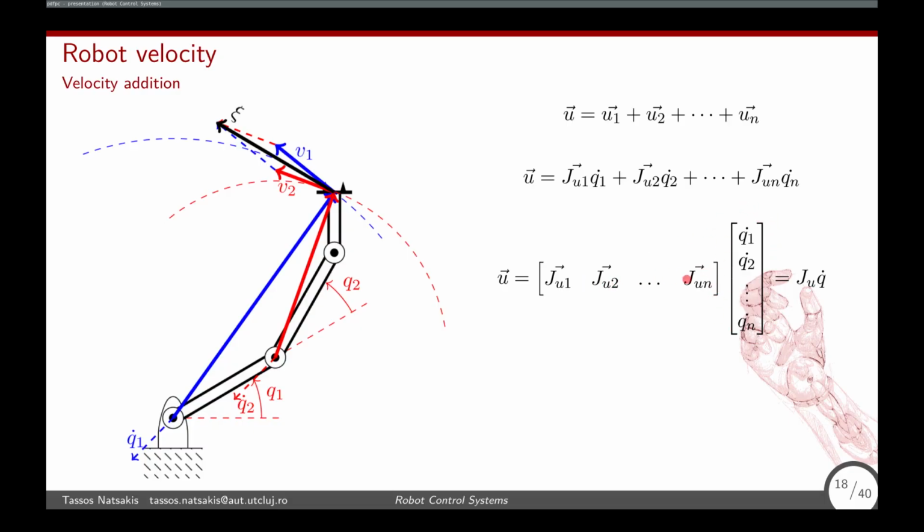And I can write it in an even more condensed form as J u times q dot, where q dot is a vector of all the q dot 1, q dot 2, up to q dot n, n being the number of joints, right? And J u being a vector of the individual directions. Obviously, I can do the same thing for angular velocity.